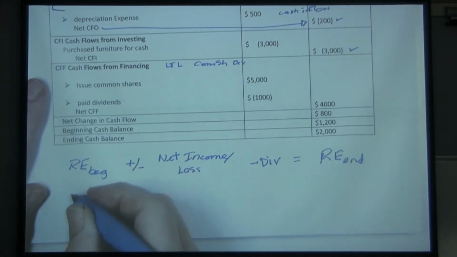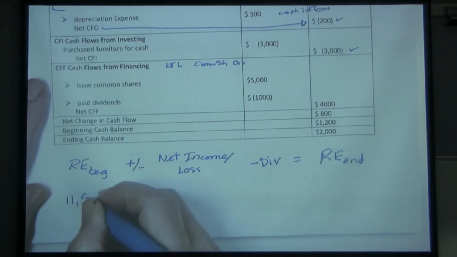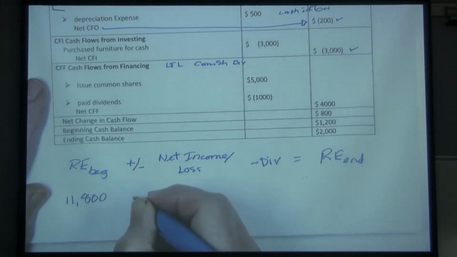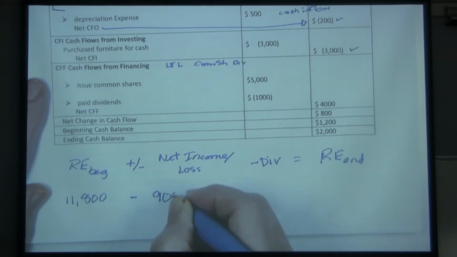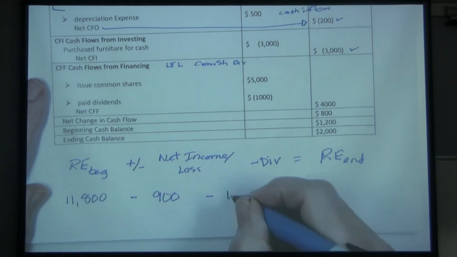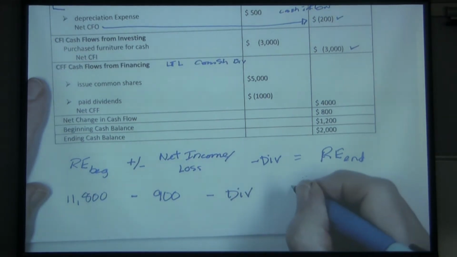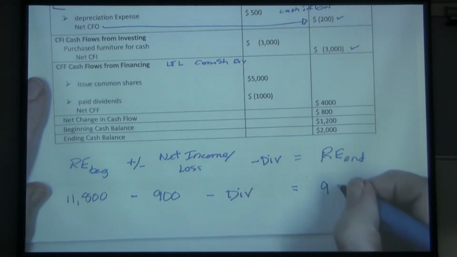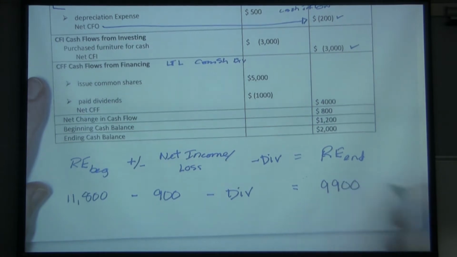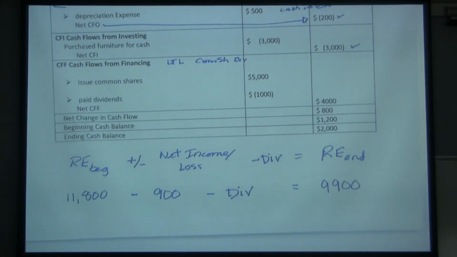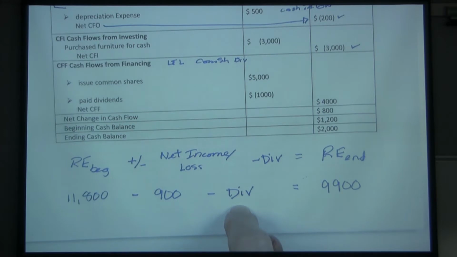So beginning here, 11,800. We have a net loss here, so we'll subtract $900. We're going to subtract any dividend amount that we paid, and that will equal our ending retained earnings, which is $9,900. So how much is this amount?